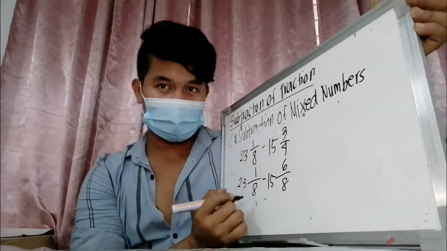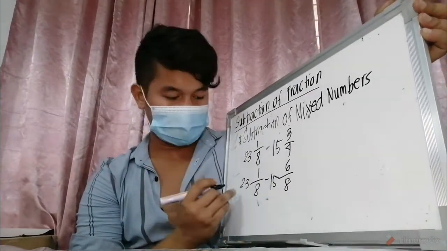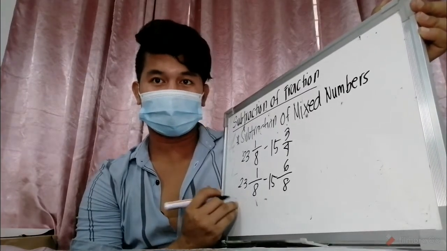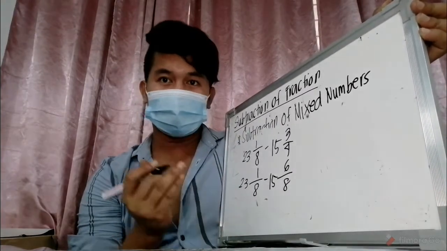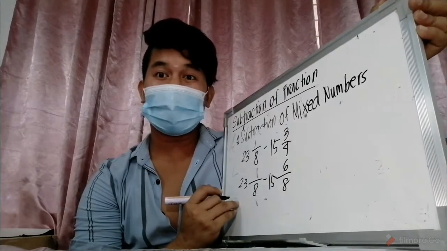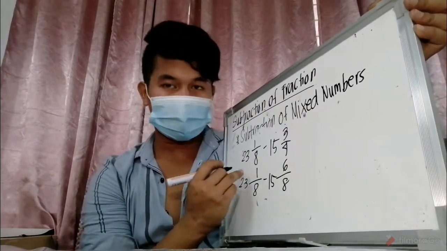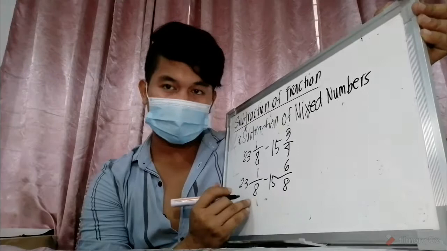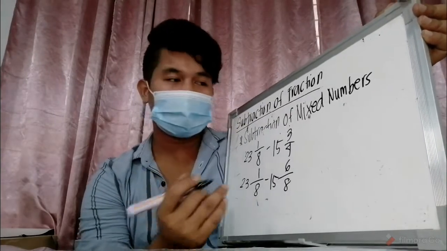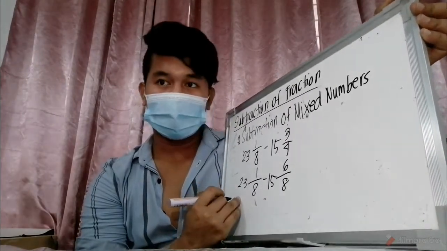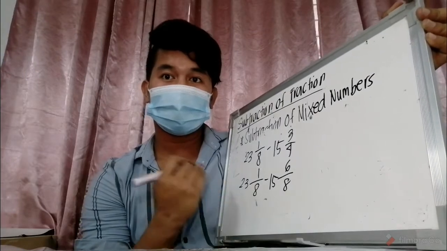So we need to borrow 1 unit from the whole number of the first term. And the 1 unit here is 8/8. So we need to add 8/8 to 1/8. So we have 9/8. And the whole number will be reduced to 22.